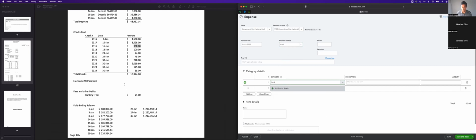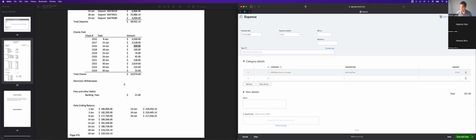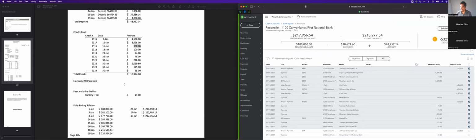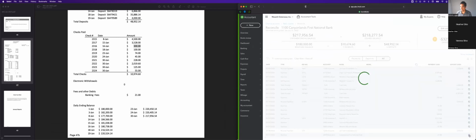What kind of fees? Bank service charges as an expense. Let me say banking fees, amount of $21. Hit save and close. We come back here. This is our bank. Now we can select that.